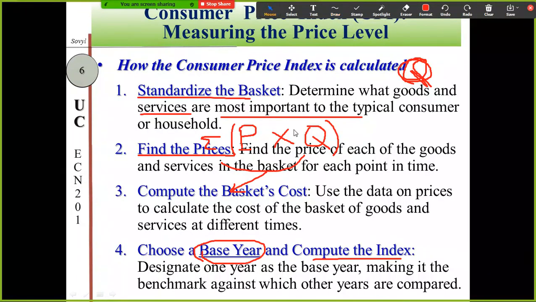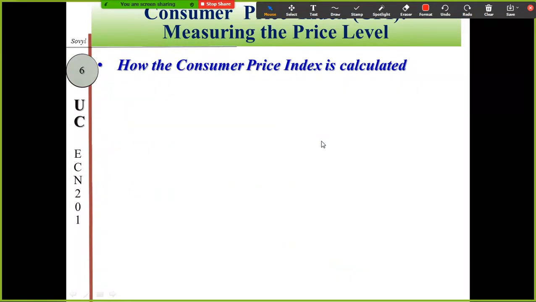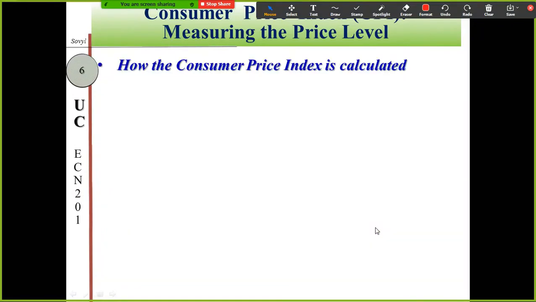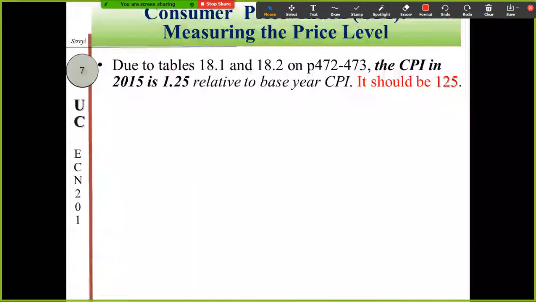How to compute the price index? We use this formula to compute the price index or CPI for the current period. So these are the 4 steps to calculate CPI.